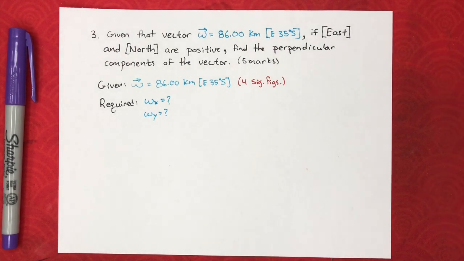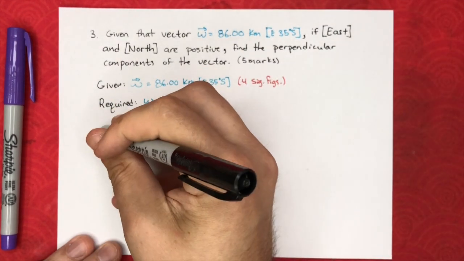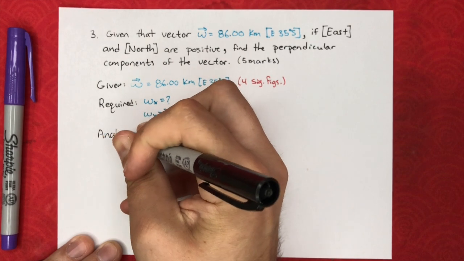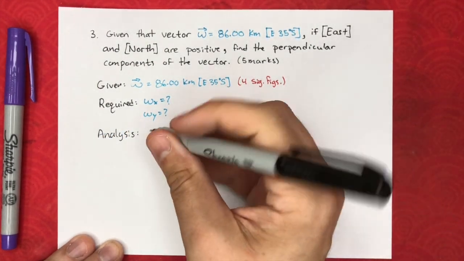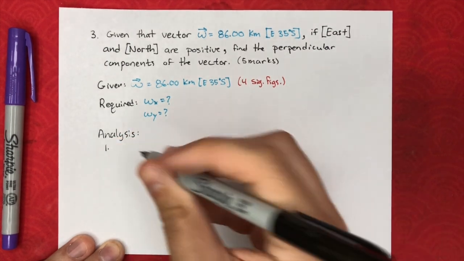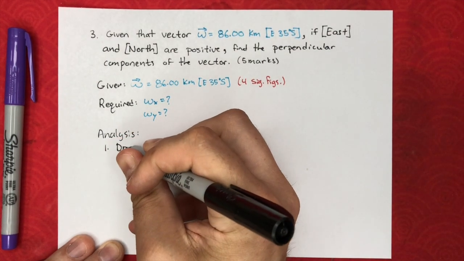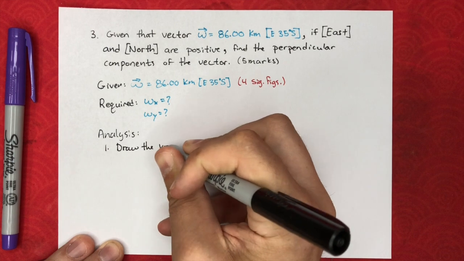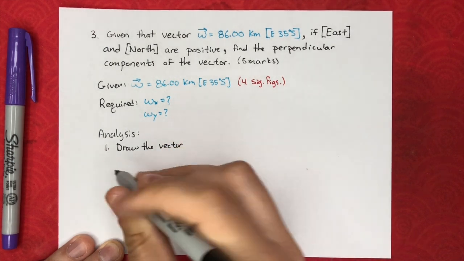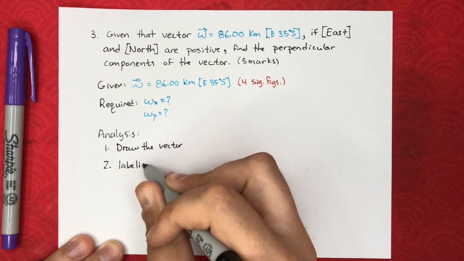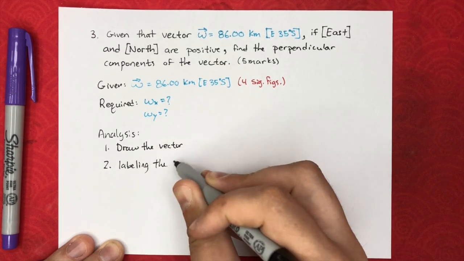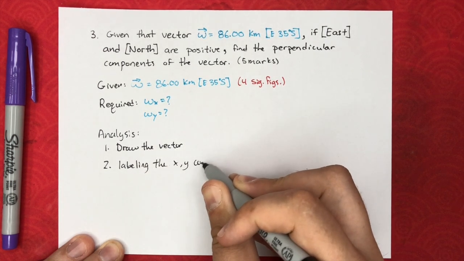Next, we should write down our analysis of this question. Our analysis is going to be something like this. The first thing we're going to do is draw the vector. The next thing we're going to be doing is labeling the x and y components.